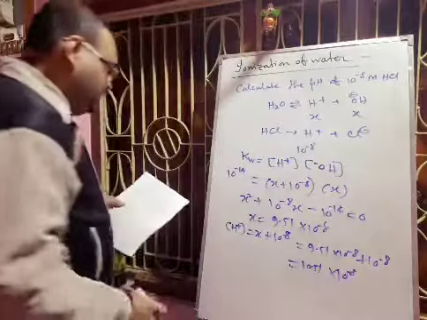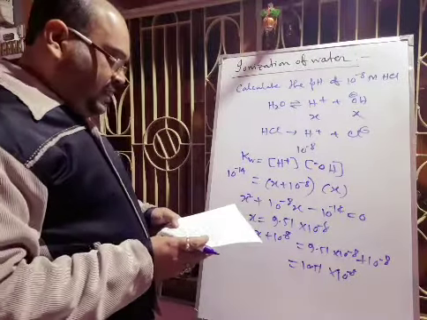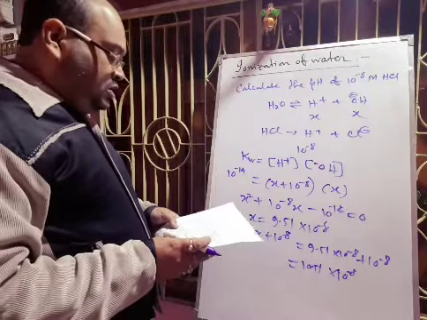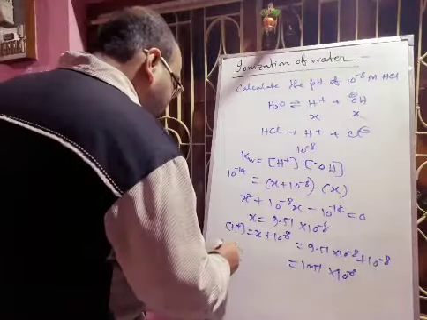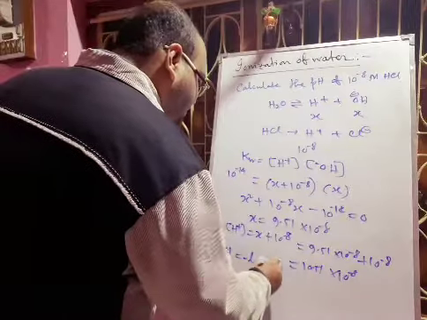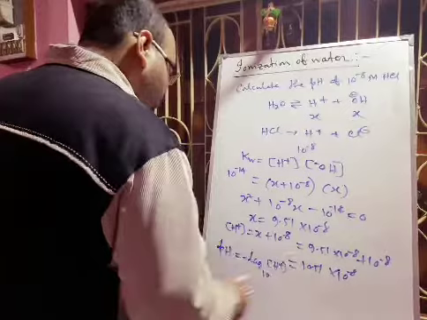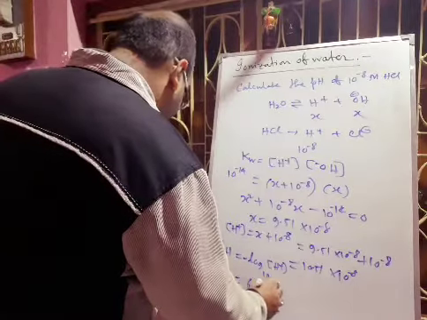All units are moles per liter. Now here you have to find out the pH. So pH will be minus log base 10 of concentration of H plus. If you put this value, you will get pH is equal to 6.978.